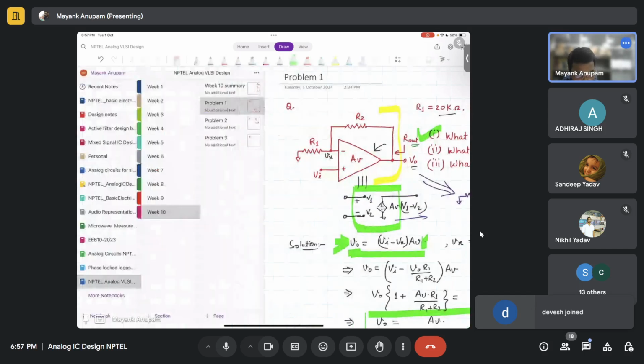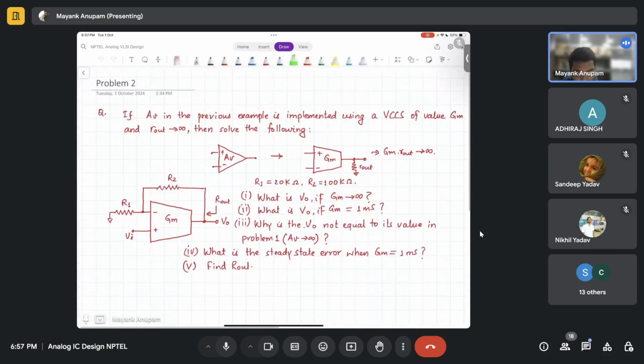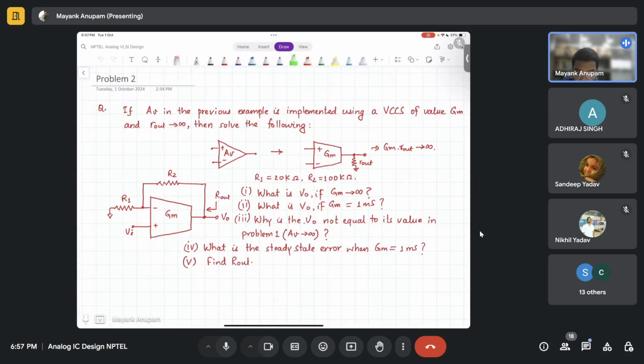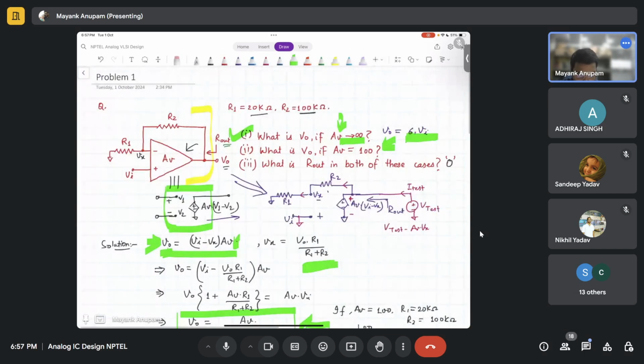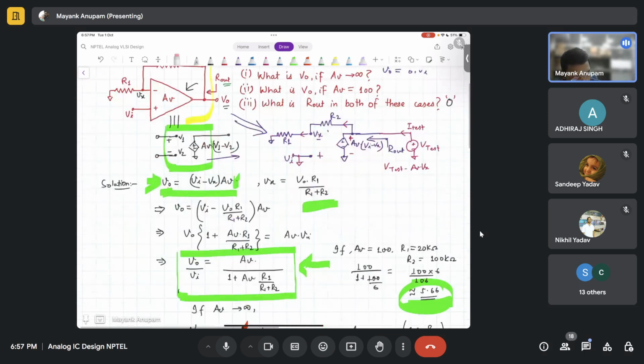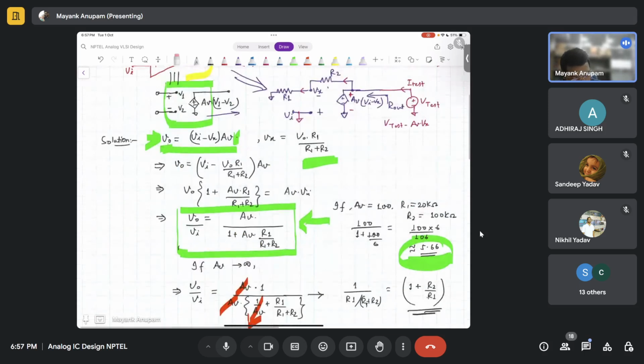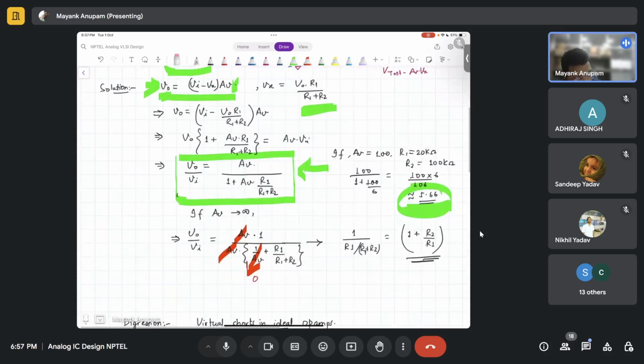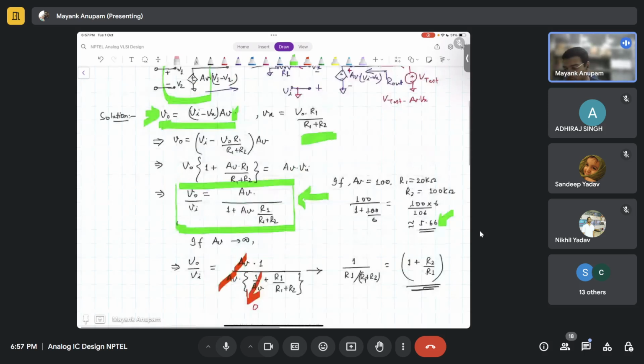Let's deal with that. We already know from the previous question that AV had to be infinity for this to behave as an ideal op amp, isn't it? We saw that if AV was not equal to infinity, the gain dropped from 6 to 5.66, correct? Guys, are you following me?